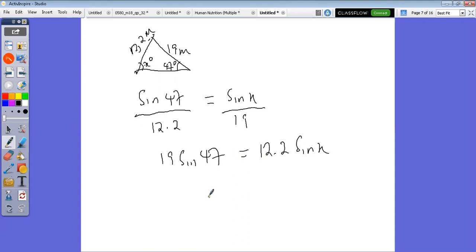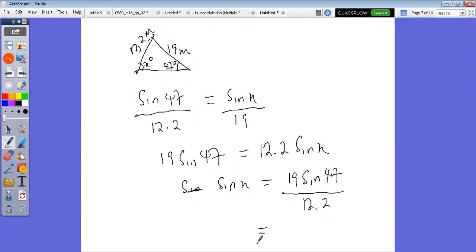I'm not sure if it will work because I was just using it from my head. Now I can divide both sides by 12.2. Then I get sine x is equal to 19 sine 47 divided by 12.2. That's sine x, which is a fraction. So there's something that I need to mention straight away.